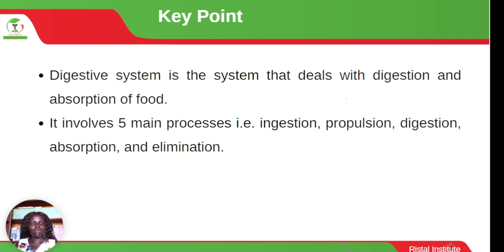Let's look at the key points. The digestive system is the system that deals with the digestion and the absorption of food. It involves main processes, i.e. ingestion, propulsion, digestion, absorption, and elimination.